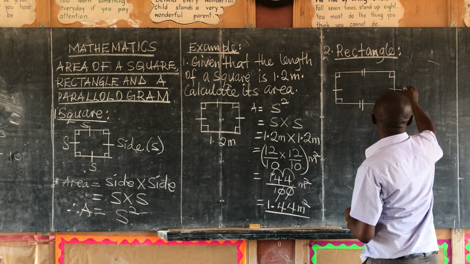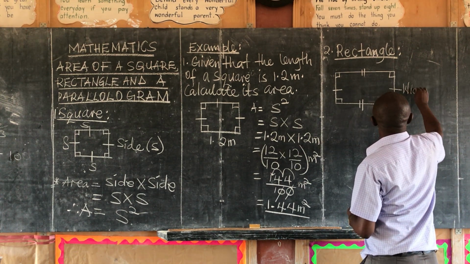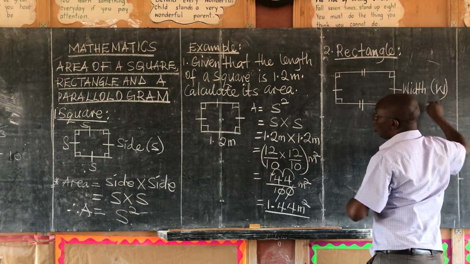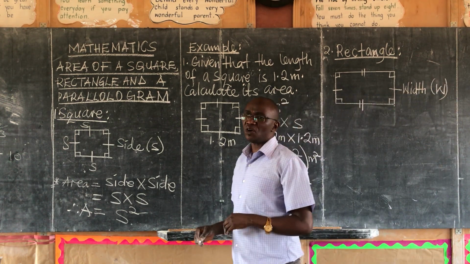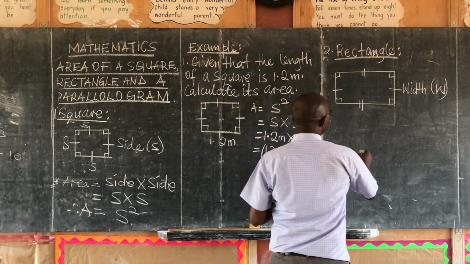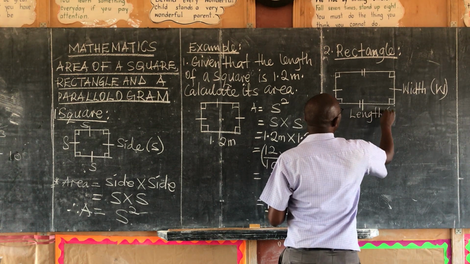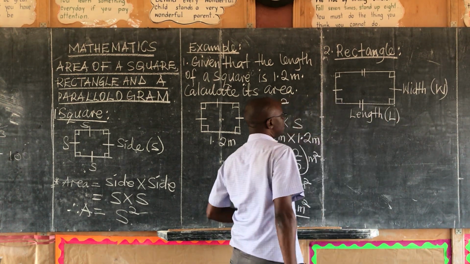This is what we call its width. The shortest side is what we call its width. At times they call it breadth. Width or breadth. Then this is its length.